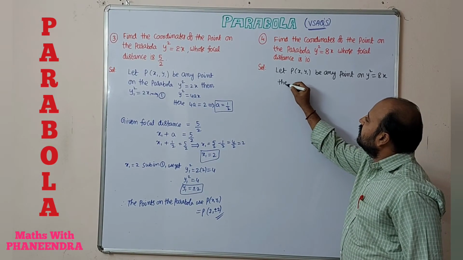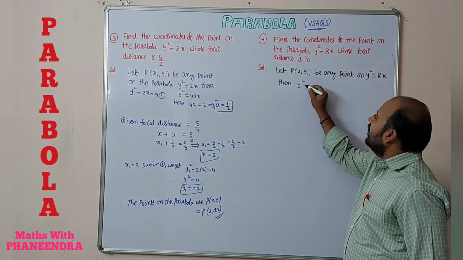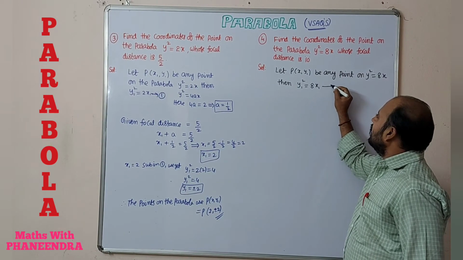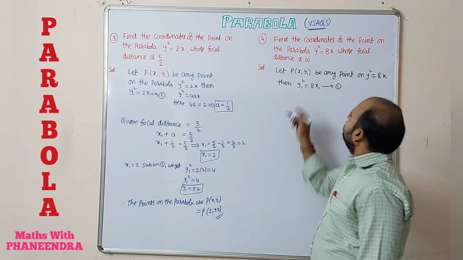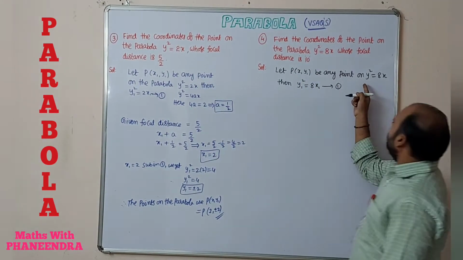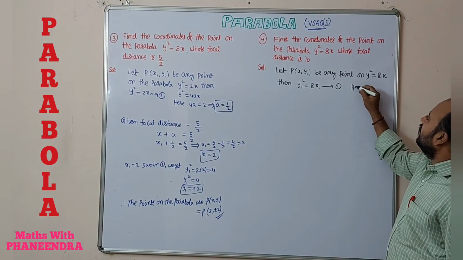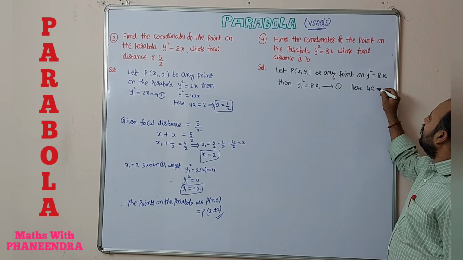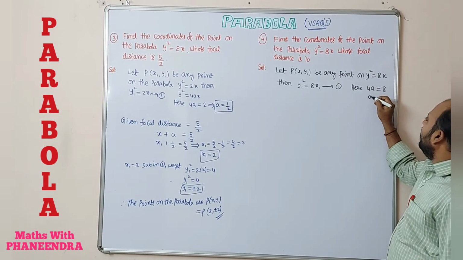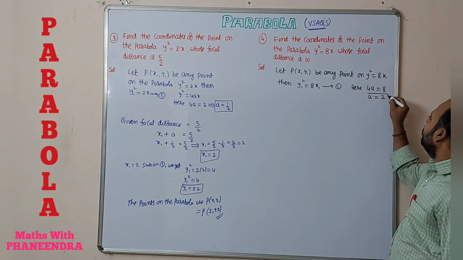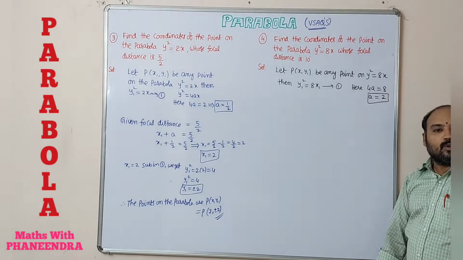Then y1 square is equal to 8x1. Keep it as equation number 1. And this parabola y square equal to, here 4a is equal to 8. Compare with y square is equal to 4ax. 4a is equal to 8. a is equal to 8 by 4, means a is equal to 2.